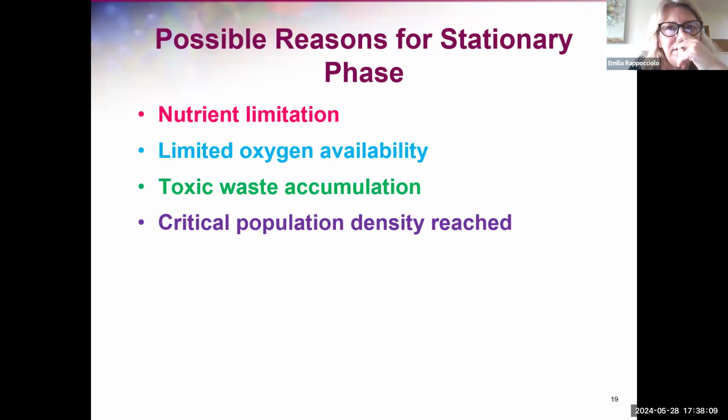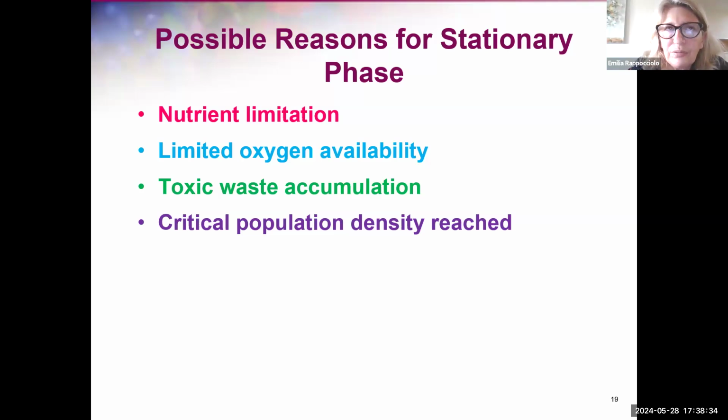And again, what are the reasons for the stationary phase? They are the same reasons that we mentioned for the unbalanced growth. You have nutrient limitation, so there is no more food available. Limited oxygen availability for some cells that require oxygen for their metabolism.